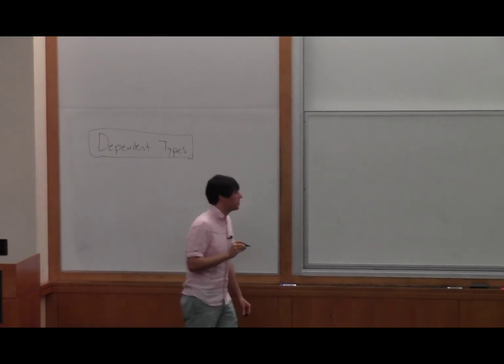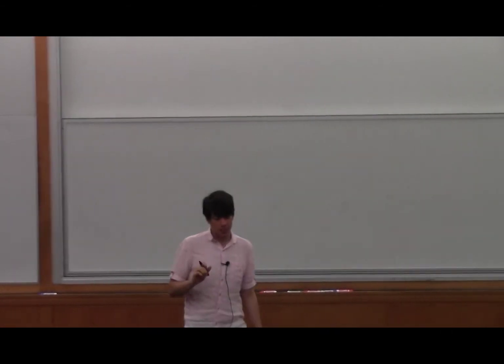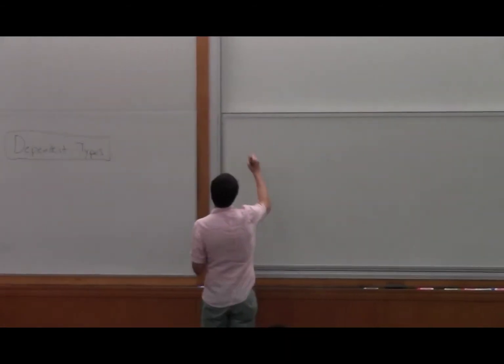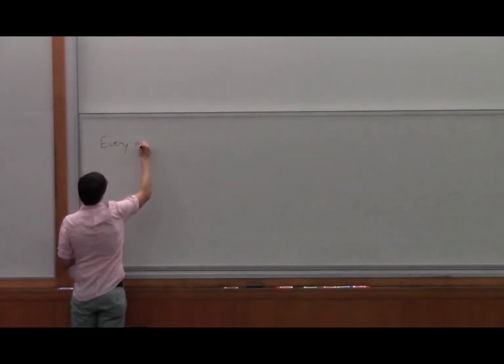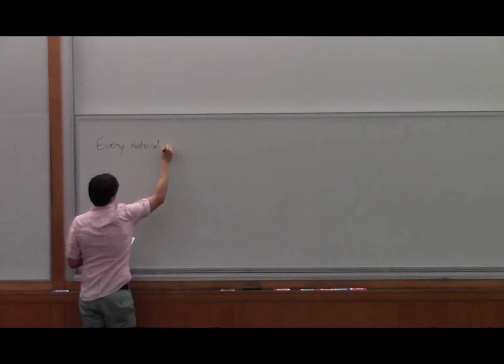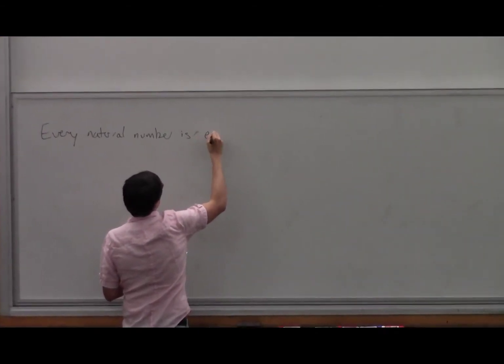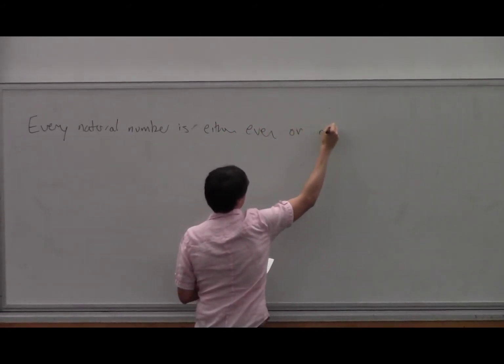So I want to start off by motivating dependent types by proving an extremely deep theorem in mathematics, which is that every natural number is either even or odd.